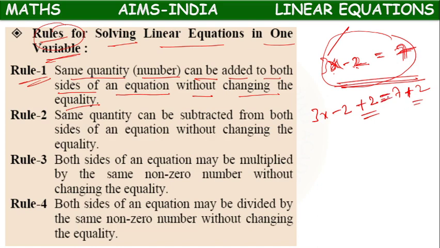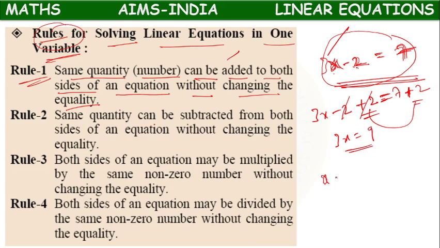So the value of equality does not change. If same number, if we add on both sides of equation, the equality does not change. Plus 2 minus 2 cancel. 3x equals to 9. Like that we are getting. Okay. Same number can be added.